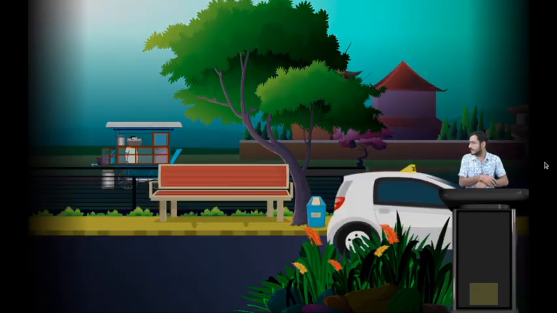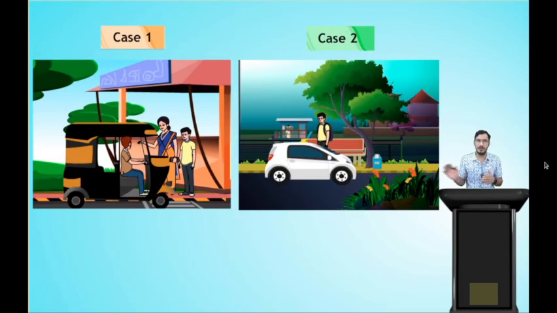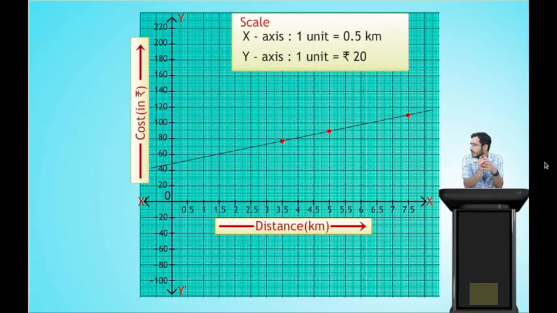They book a taxi from Banjara Hills to Golconda. So here we have two cases. In case one, the cost of traveling is rupees 100, and in the second case it is rupees 75. So here we draw both situations on graph paper like this.